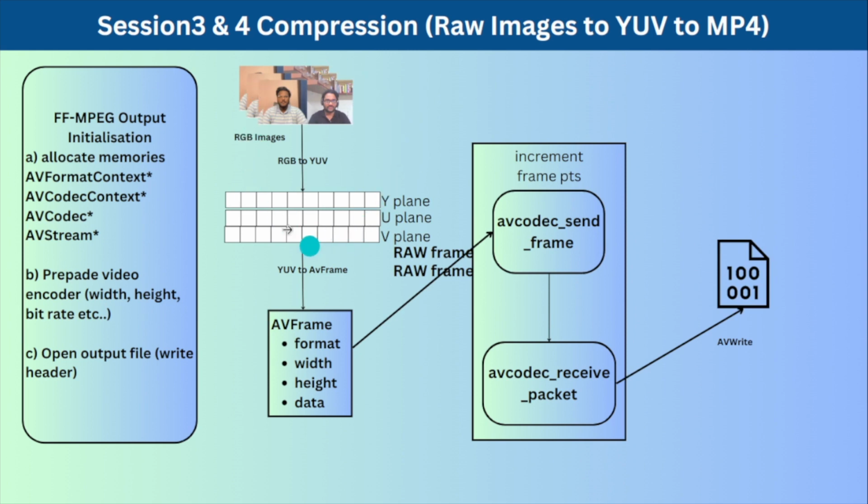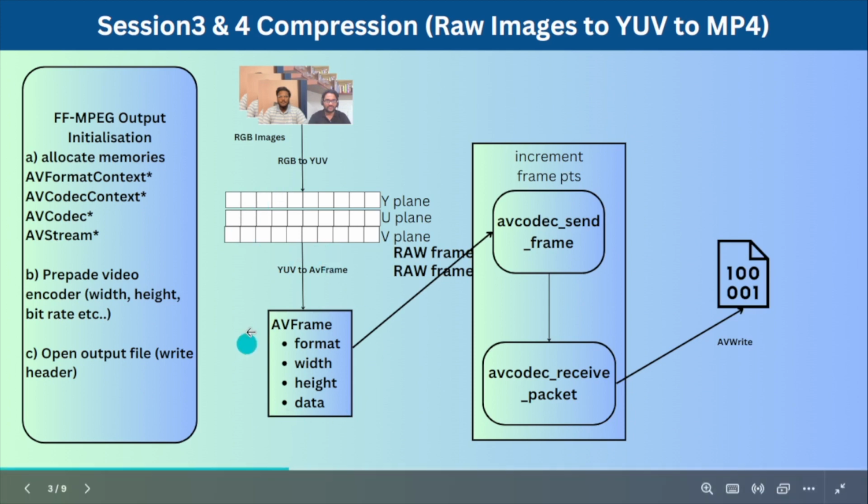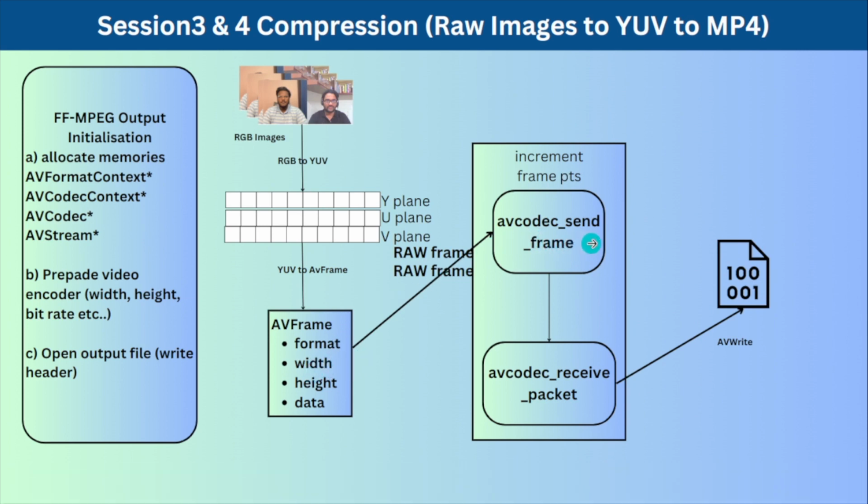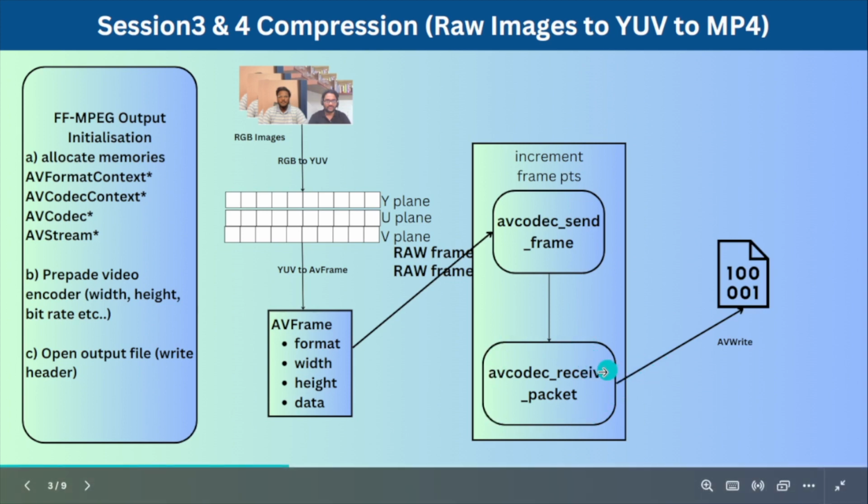We have specific FFmpeg APIs, the swscale APIs, and we converted this into YUV planes. In the next session we dumped this YUV plane data into the AV frame structure, and then sent it to avcodec_send_frame, which compresses it, and with avcodec_receive_packet we get the compressed packet, and that information is written to the file.